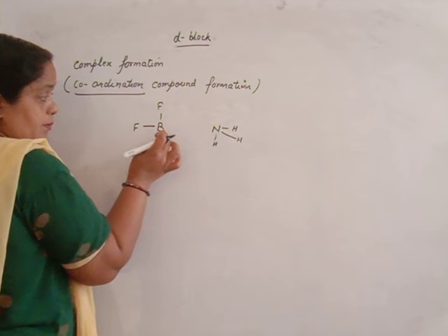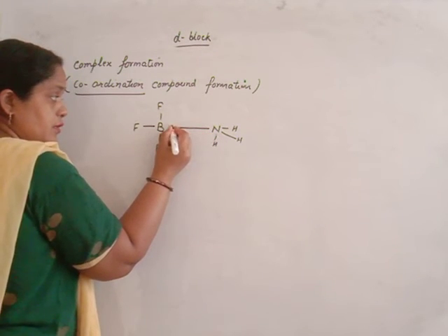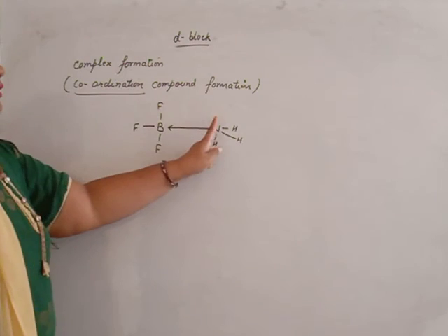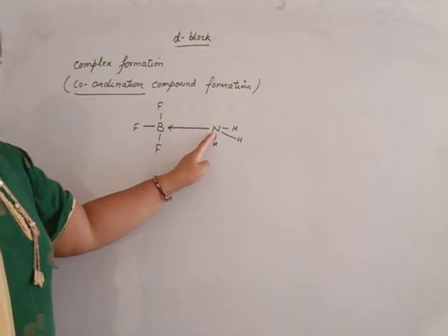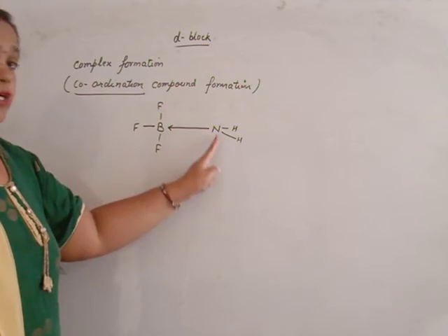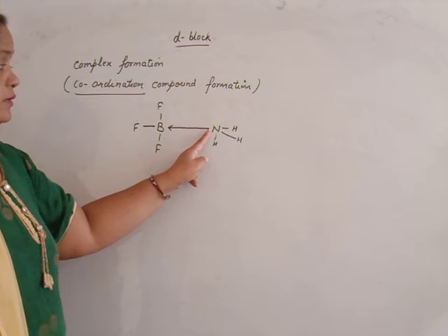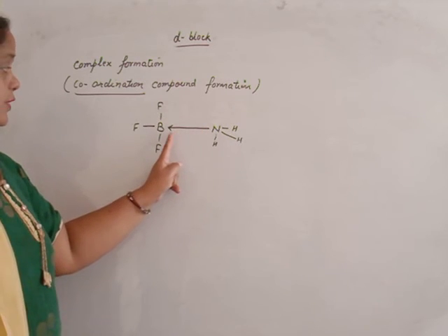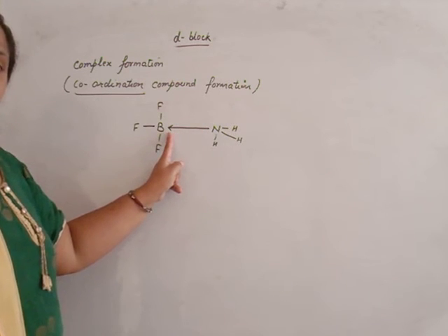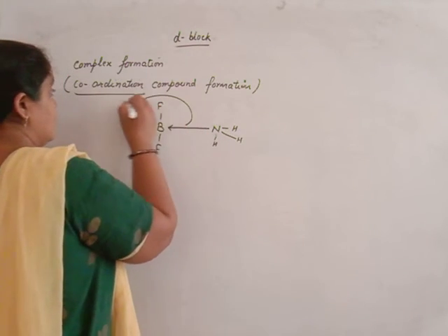So to complete the octet of this one, nitrogen contributes these electrons, but they are shared by both. The bond formed is known as coordinate bond. The atom which contributes electrons is towards the tail and which accepts these electrons is towards the head. This bond is known as coordinate bond.